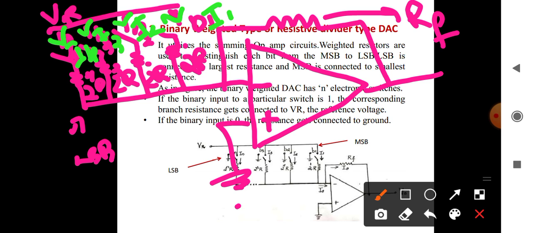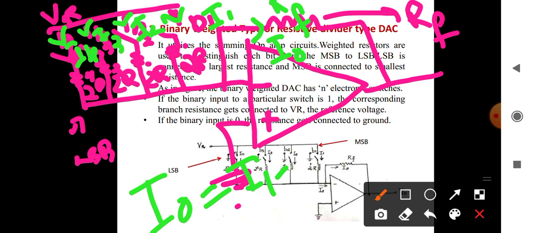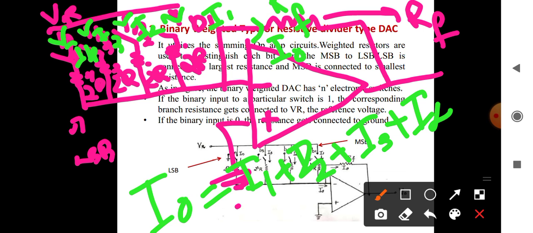And the current flowing through the feedback resistance is called as the I0, and this is the RF, feedback resistance. So here the I0 will be equal to I1 plus I2 plus I3 plus I4. So I0 is equal to what?